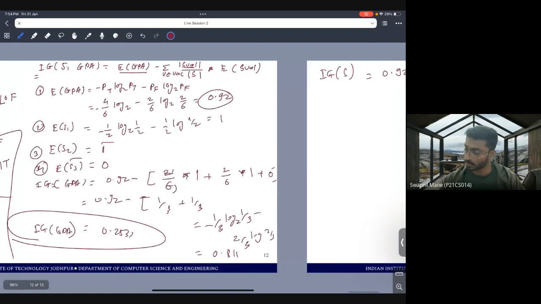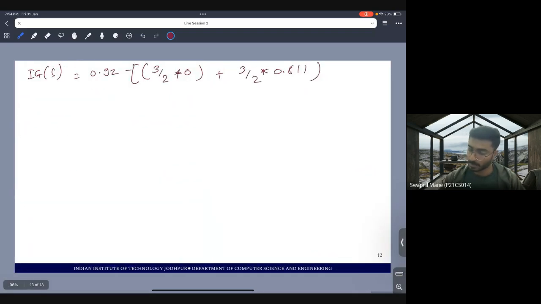You got 0.811, right? That is the entropy we will get from that.